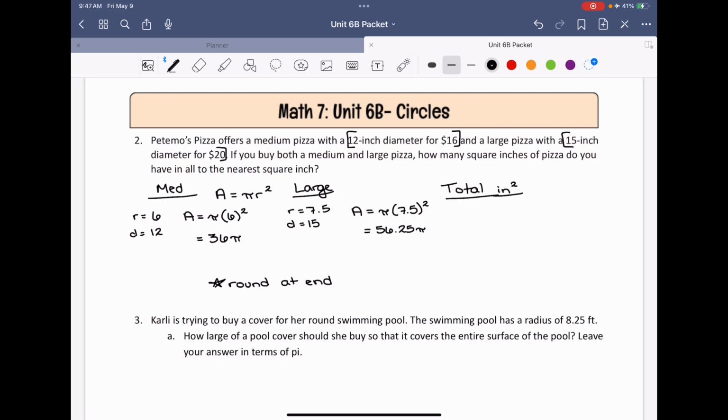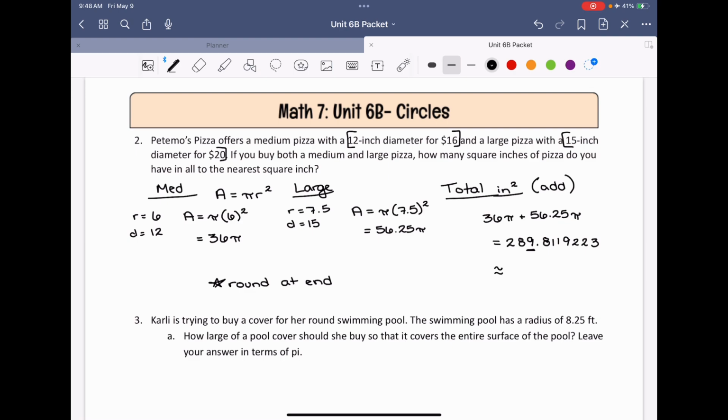And now, since I want the total, I'm going to be adding them up. So 36 pi plus 56.25 pi, which is going to give me a total of 289.8119, and I'm rounding to the nearest square inch, so that'd be this 9.